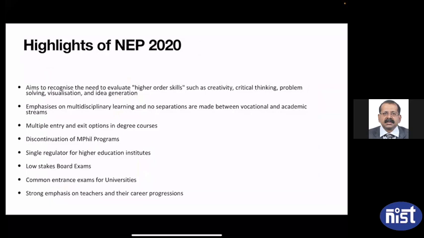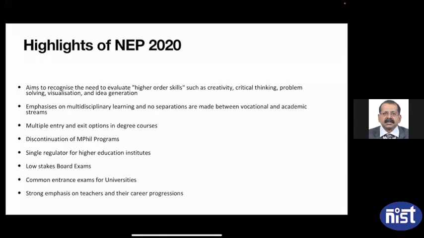So some of the highlights which I could make out were that it aims to recognize the need to evaluate higher order skills such as creativity, critical thinking, problem solving, visualization, and idea generation.